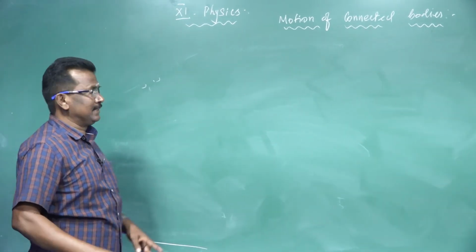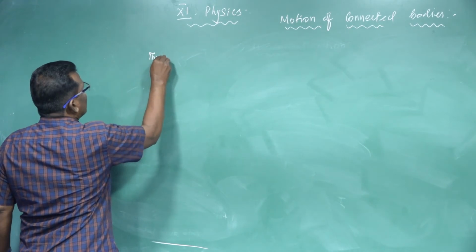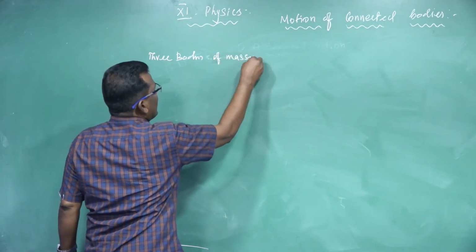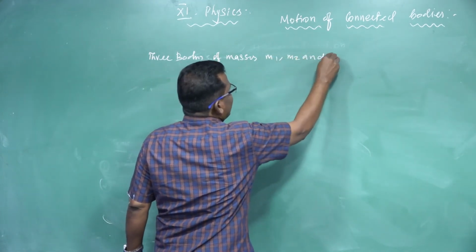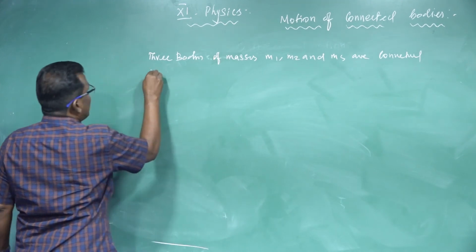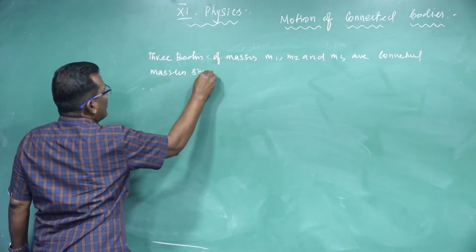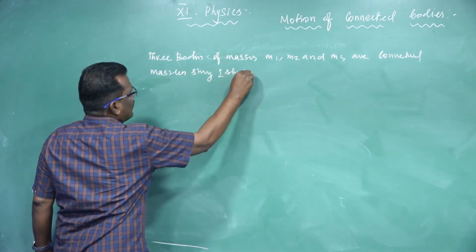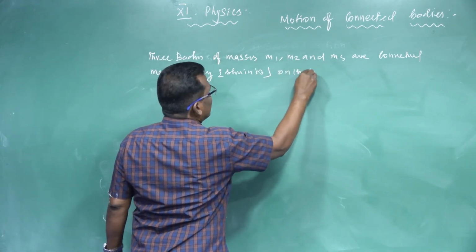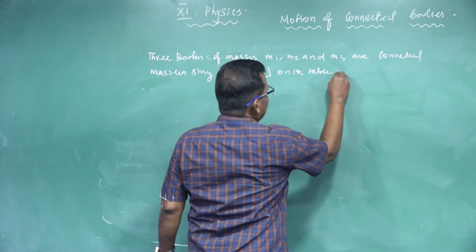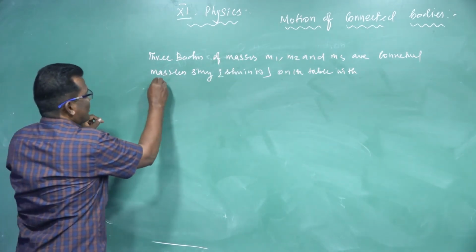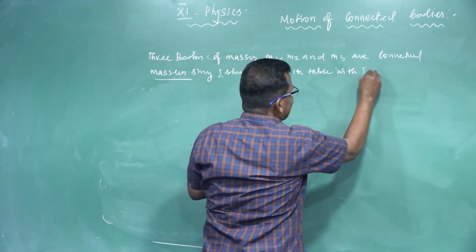Let us consider three bodies of masses m1, m2 and m3 connected by a massless string, as shown in the figure, placed on a frictionless table.